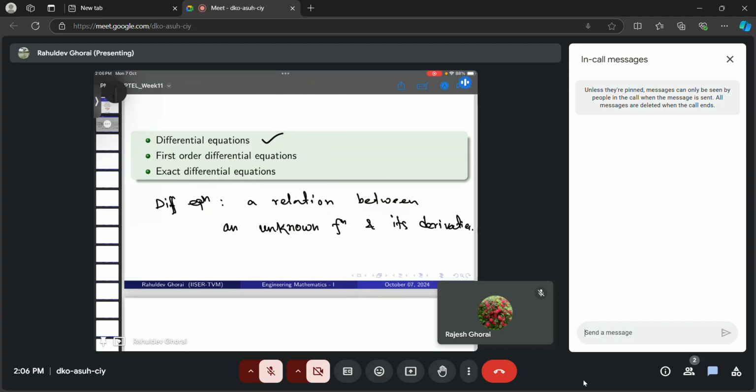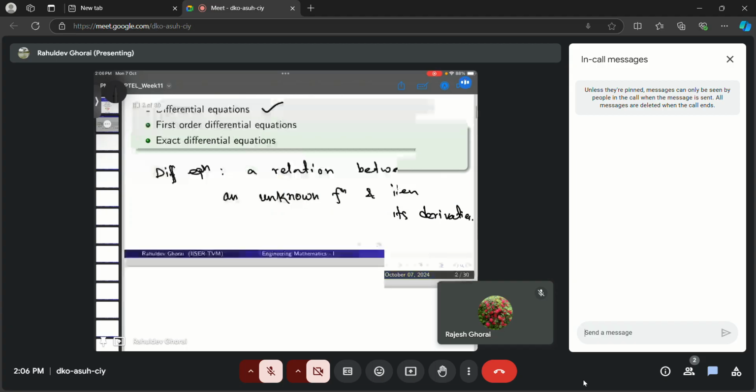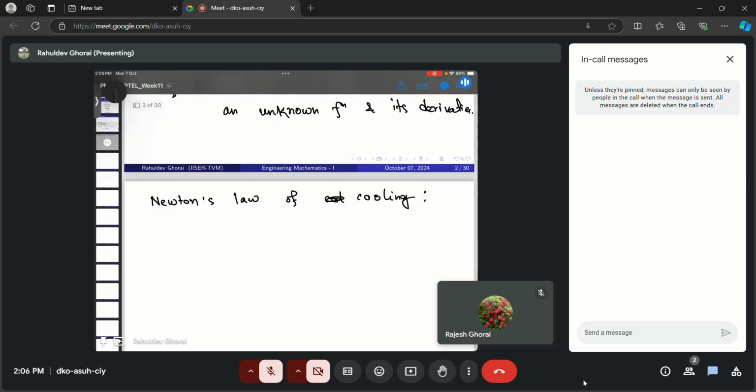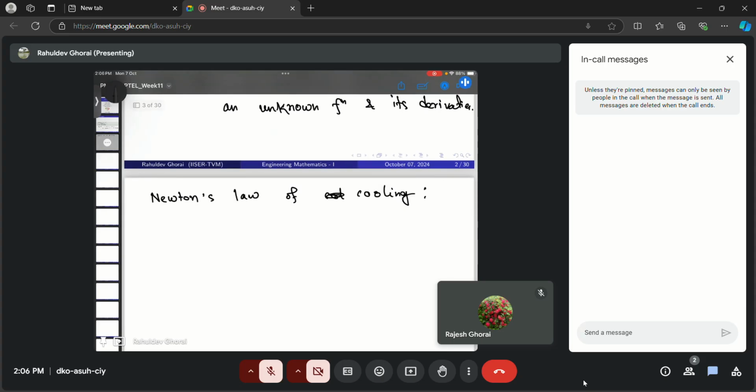Derivatives, I mean how? Let's say Newton's law of cooling. It says that the rate of change of temperature is proportional to the temperature difference between it and its surroundings, right?